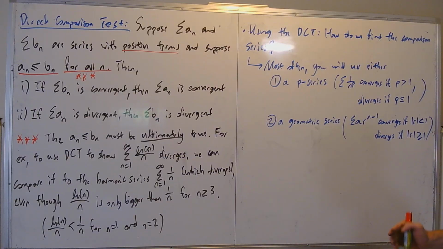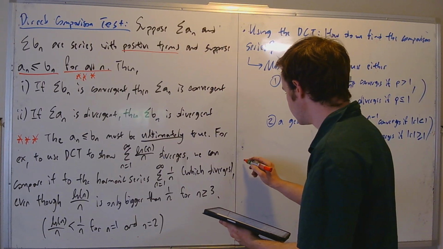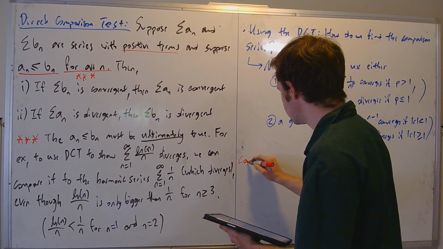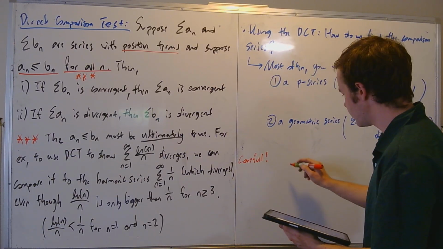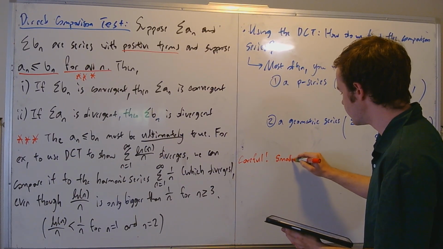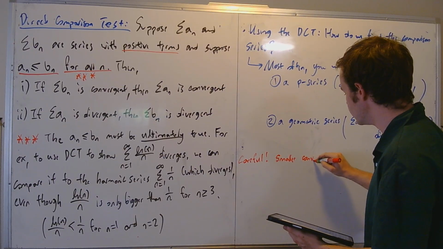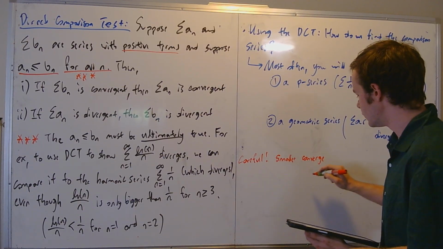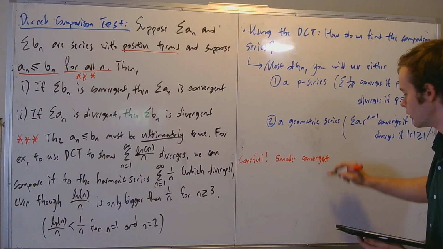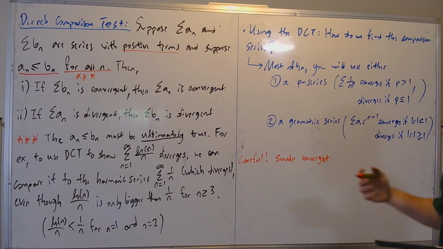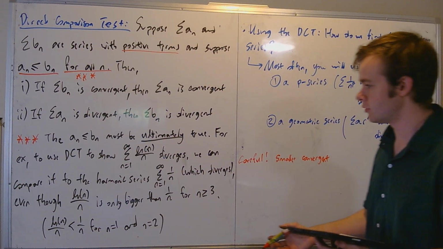Now, I'll say here that you have to be very careful whenever you're using this test. The reason is, if you have two series and you say that the smaller one is convergent, then that actually doesn't tell you whether the bigger one is convergent, right?